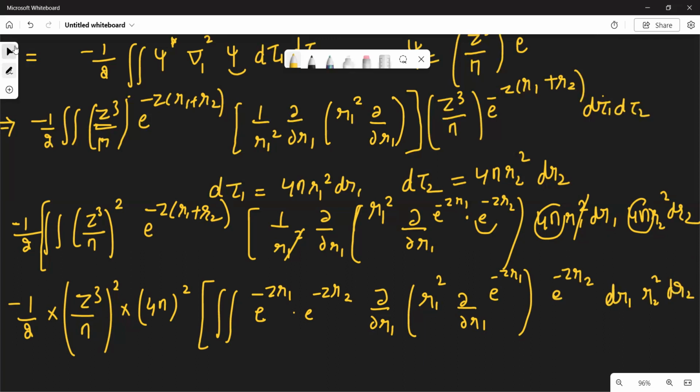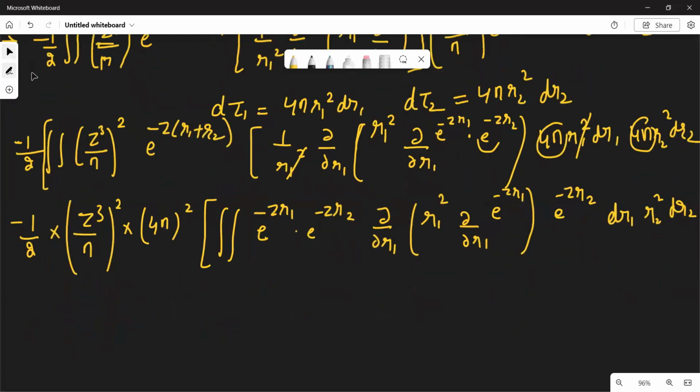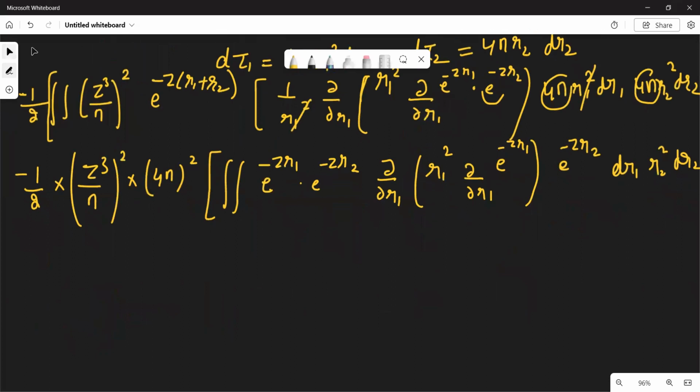Now students, we will separate the integral. Here we have two integrals: the first integral for the first electron and the second integral for the second electron. So I will separate the integral. This is Z to the power 6 by pi square, and this is 16 pi square. And I'm writing the first integral, limits from 0 to infinity.